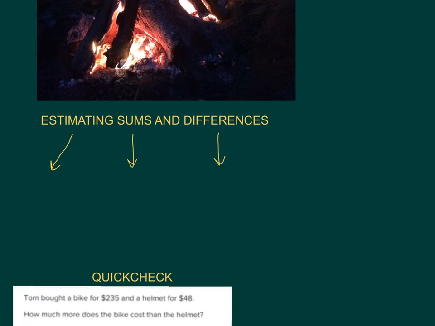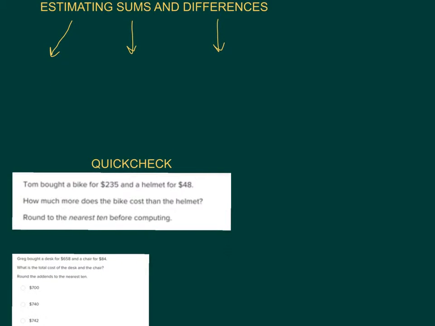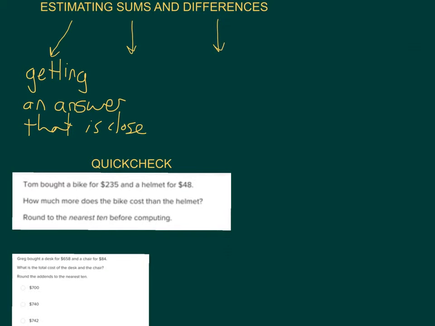So today's lesson is on estimating sums and differences. So estimating, like I said before, is getting close. It's getting an answer that is close. A sum is an answer to an addition problem.